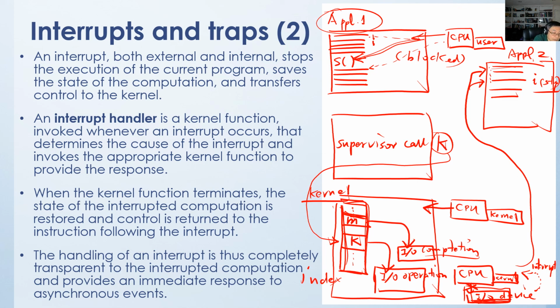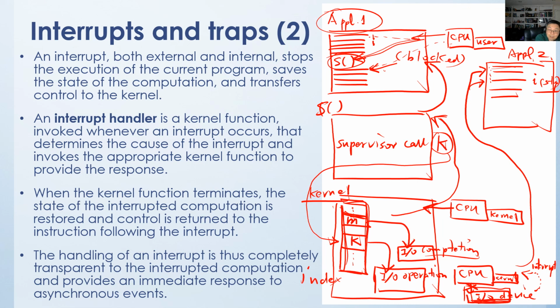So the IO completion routine, once it is finished, will move back. The CPU is going to move back to the original system call and complete this job. Then the CPU is supposed to execute the next instruction in application 1.